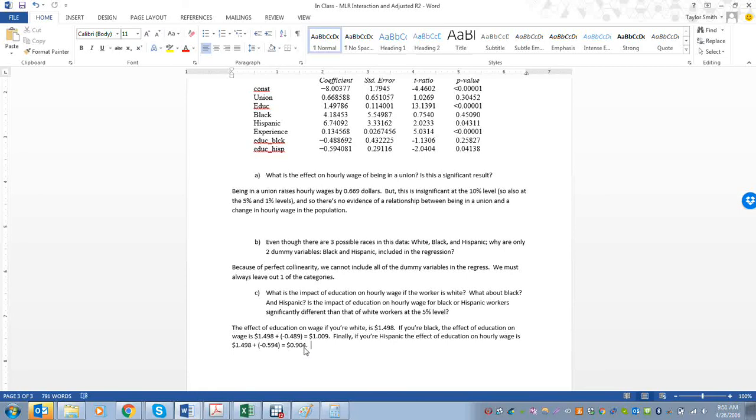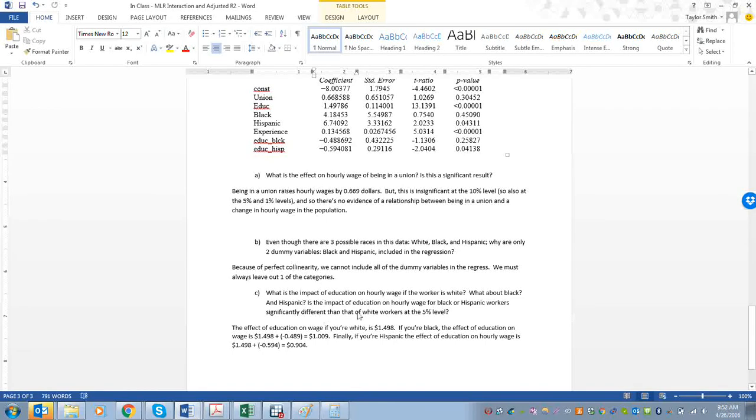So they're all still positive effects, right? The negative numbers here are showing you the difference from the white effect, the one that we left out. Okay, so with that in mind, now let's answer the next part of this question.